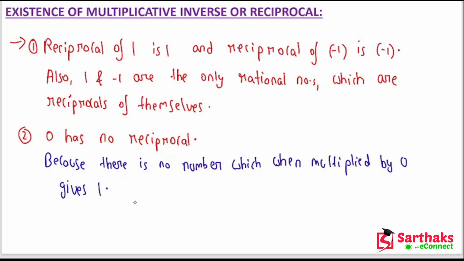Let the number be x. If you multiply 0 with x, you all know that you will not get 1. Therefore, x does not exist. That is why we said in the definition that a rational number should be non-zero. That is, a by b should be a non-zero rational number. Then only its multiplicative inverse will exist.